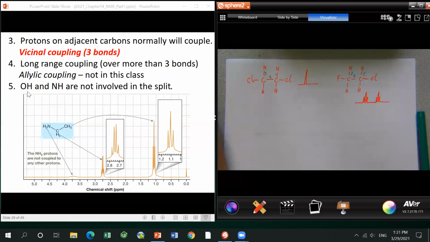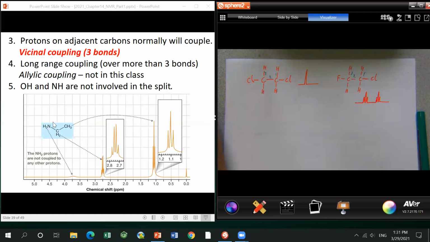Then OH and NH protons normally don't couple with other CH protons, even in the three-bond case. The example shown here is ethylamine.